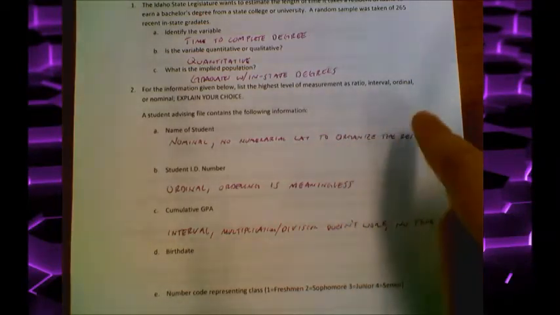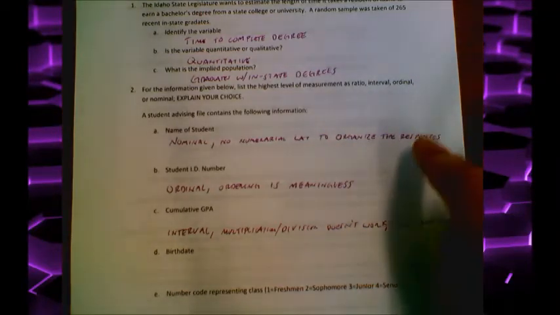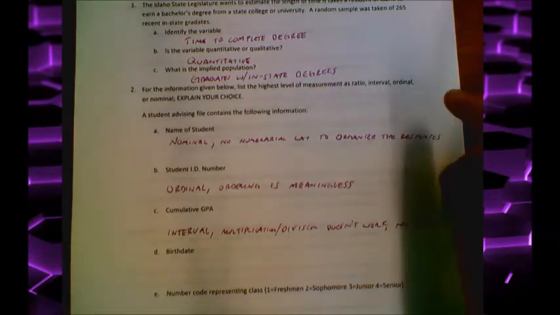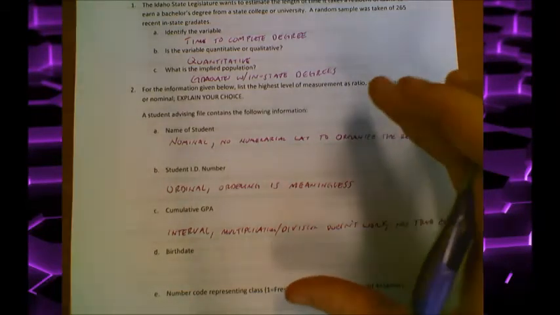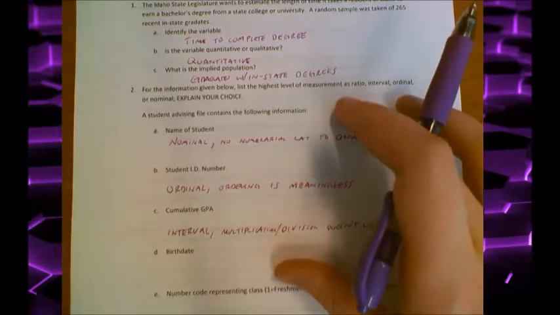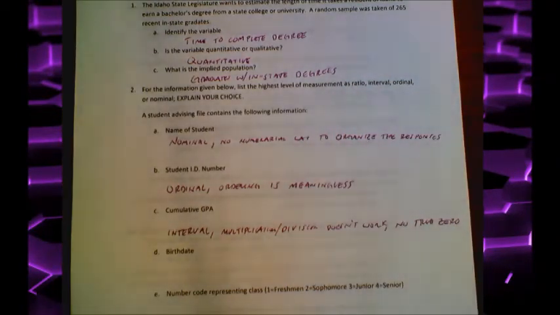From January 1st to January 2nd is the same as from January 2nd to January 3rd, right? Adding and subtracting does work there, right? But you wouldn't say stuff like, if I was born in January and you were born in February, that my birthday is half yours, right? That's because division doesn't really work there for us.